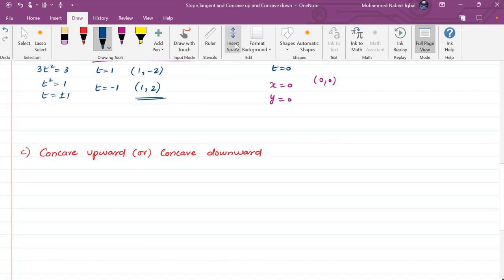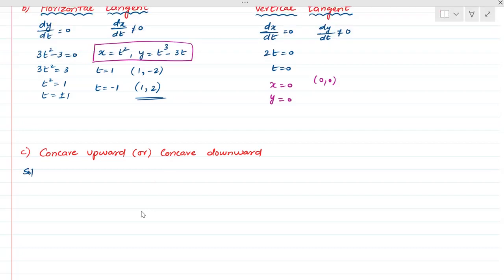For that we need the second derivative. How will you calculate the second derivative? Since we know that x is t square and y is t power 3 minus 3t, dx over dt is 2t and dy over dt is 3t square minus 3.